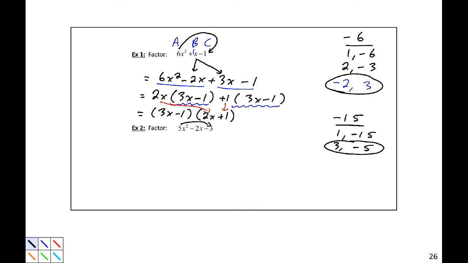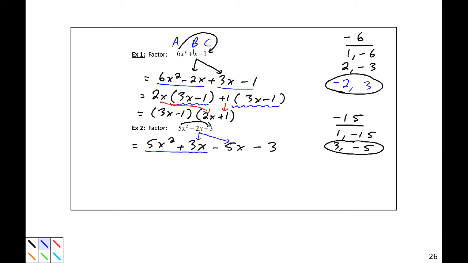So I'm going to rewrite this trinomial as 5x squared plus 3x minus 5x minus 3. Again, these two terms are coming from the values that I just found that, as I showed, add to be negative 2. Now let's group the first two.